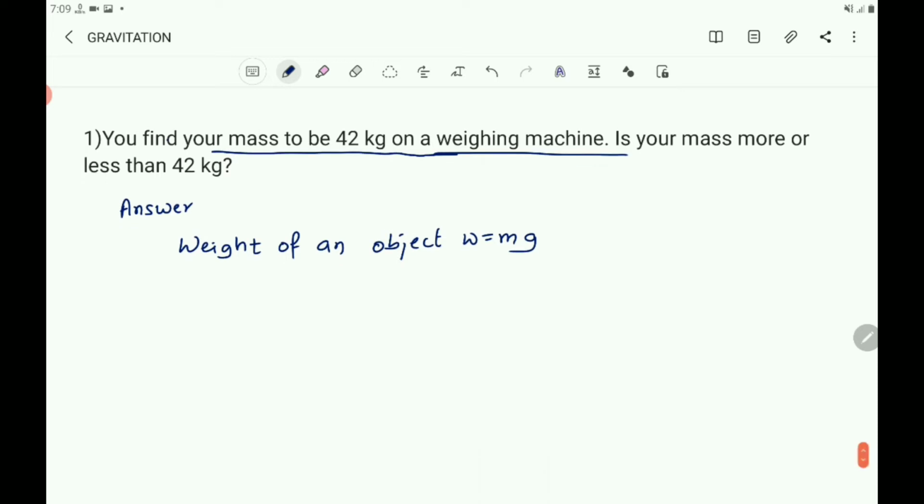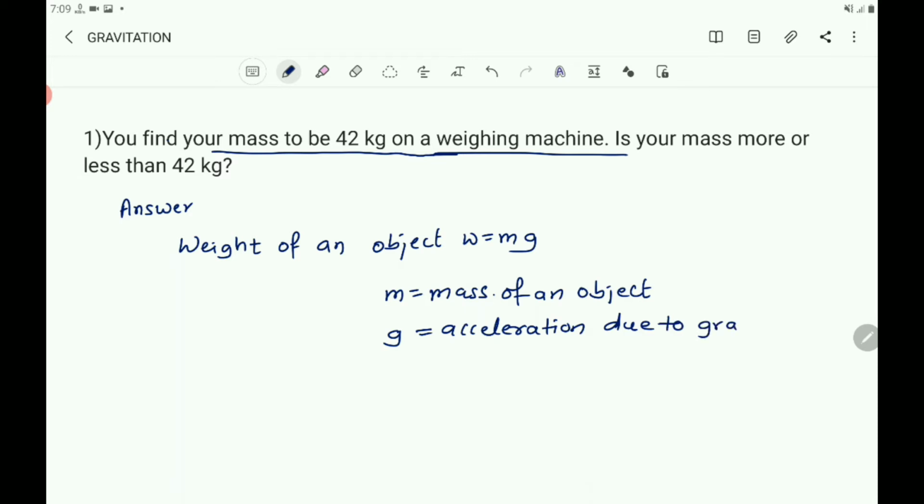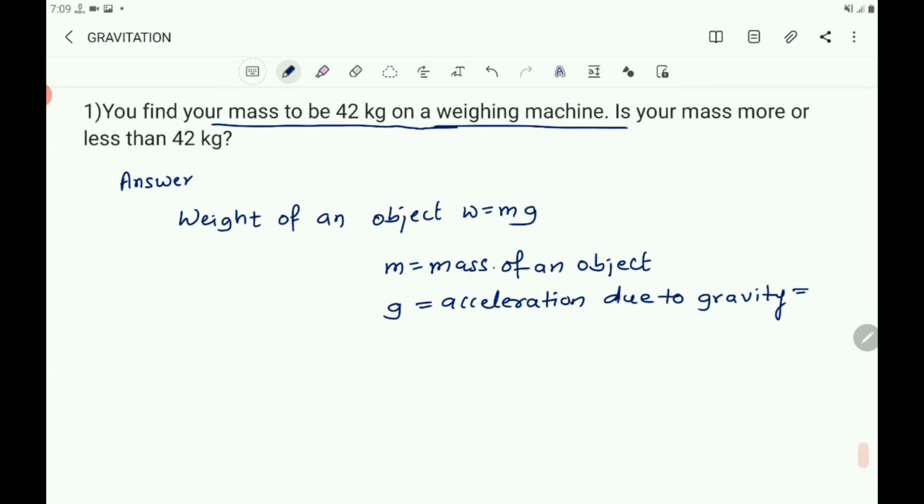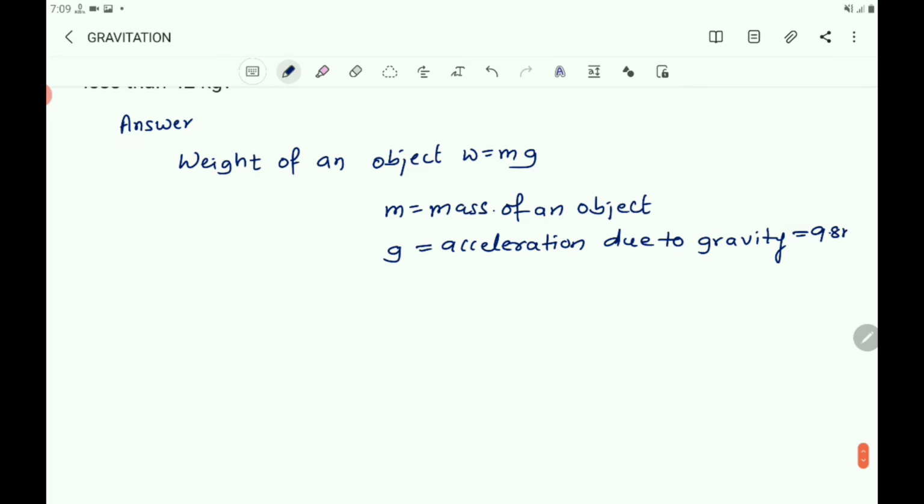Then what is m? m is the mass of an object, and g is the acceleration due to gravity, which equals 9.8 m s to the power of minus 2.